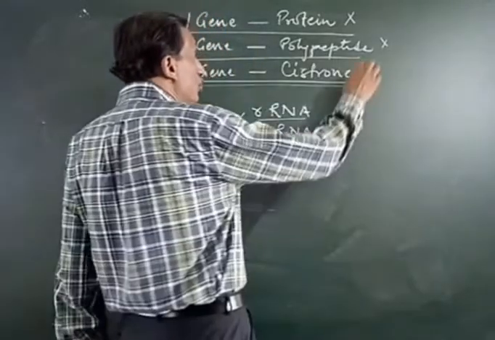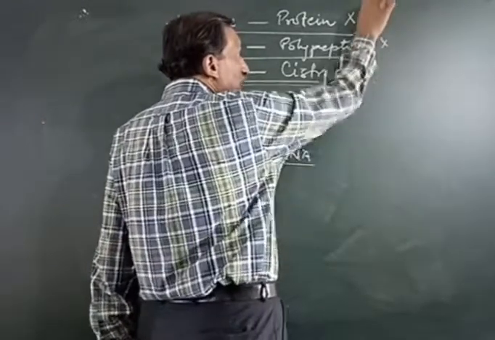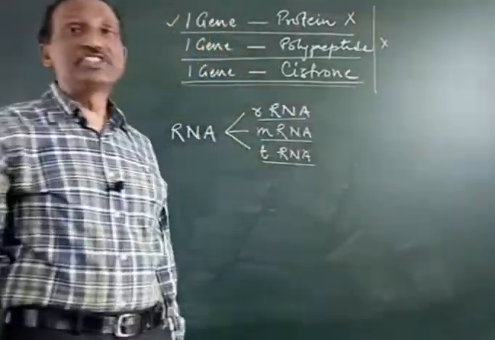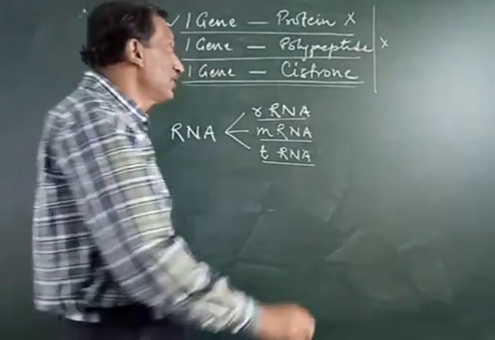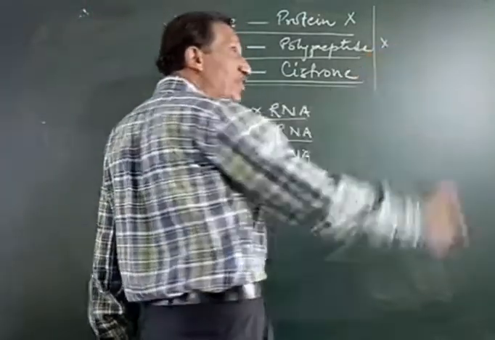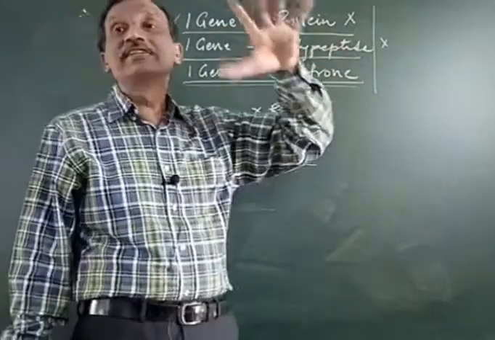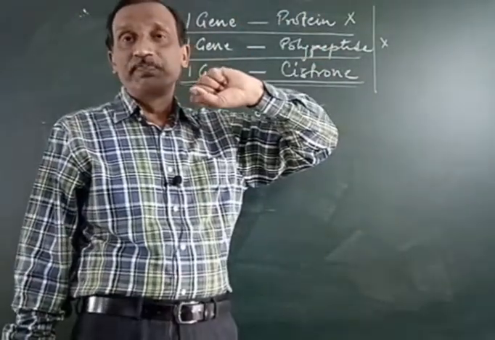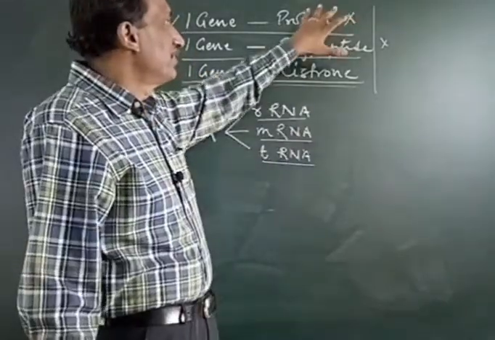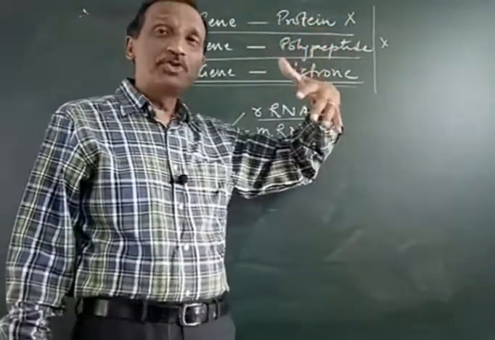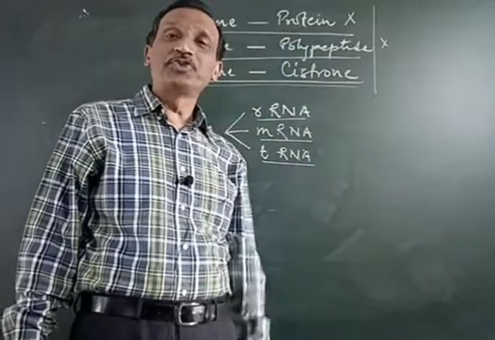So we have come across different things. We cannot finally give one conclusion about what one gene is. Moreover, it is not necessary that a gene will always produce a protein. Later on we came to know that all the genes are not always producing protein.